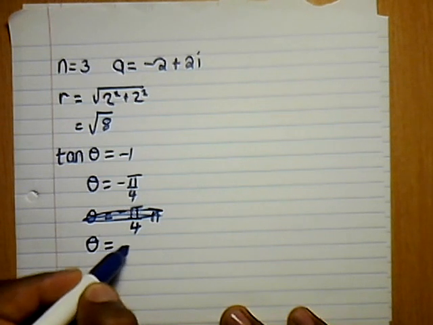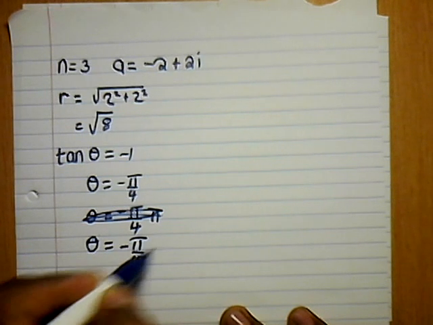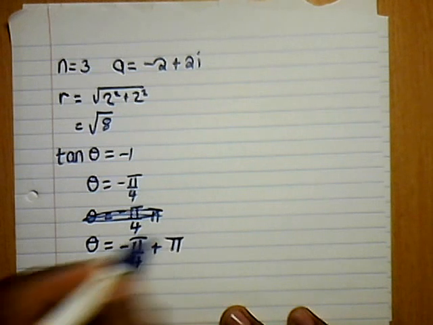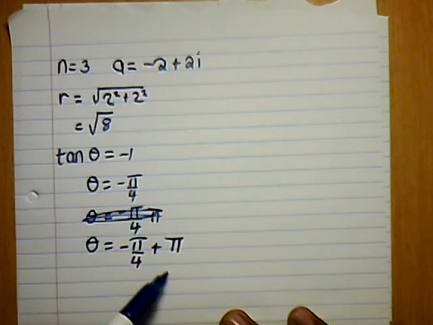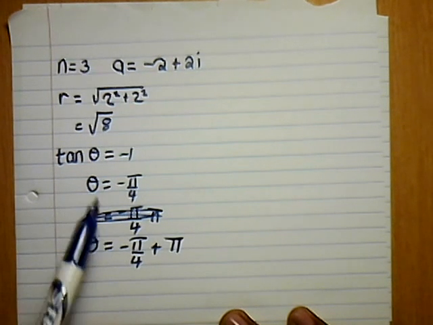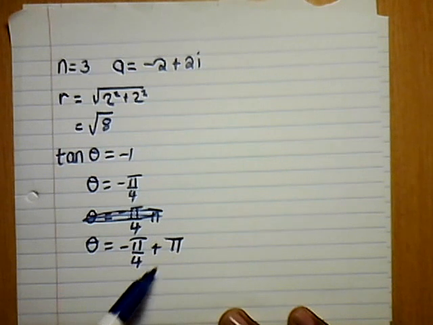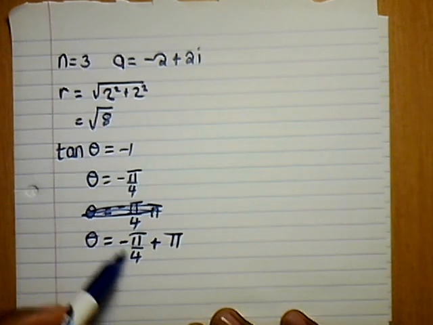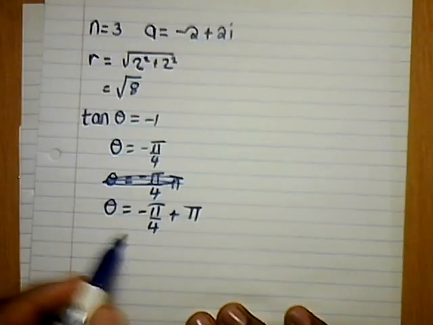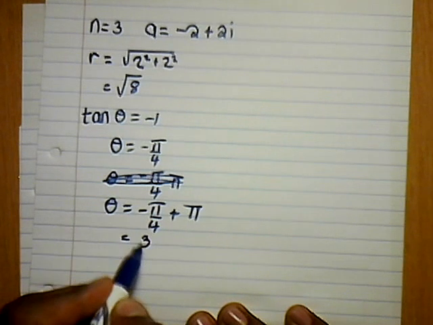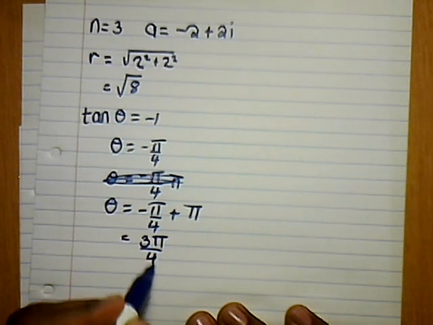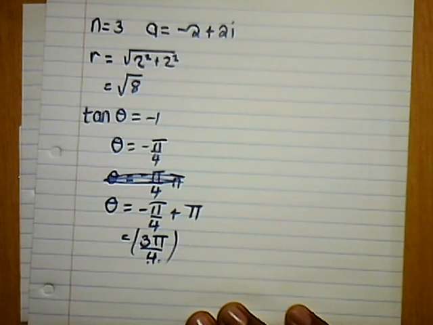This is because the graph of tangent repeats itself after pi. Okay, so this one is the same as 3 pi over 4. So this is our argument.